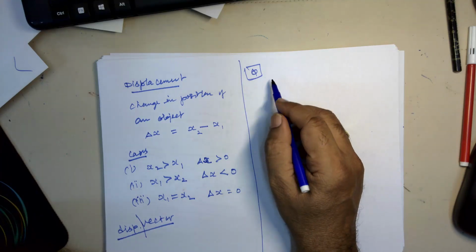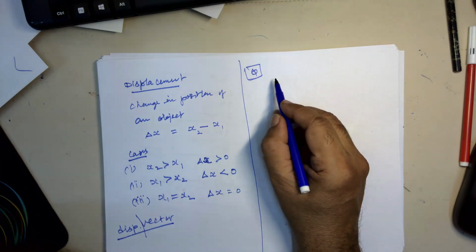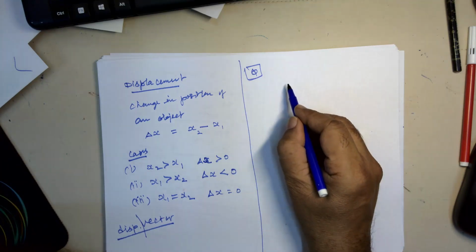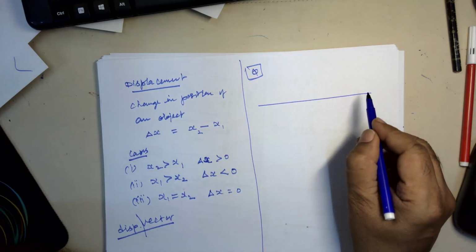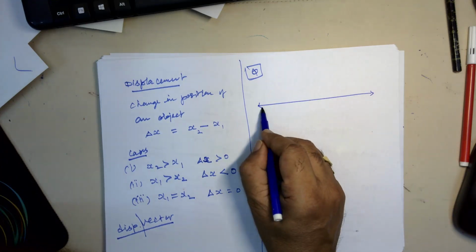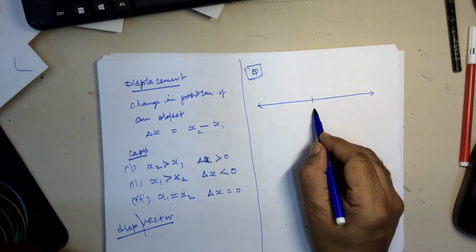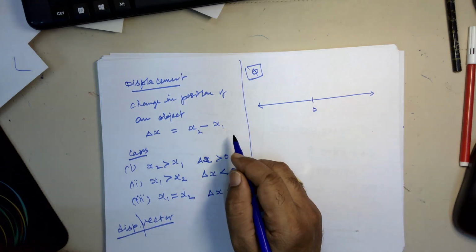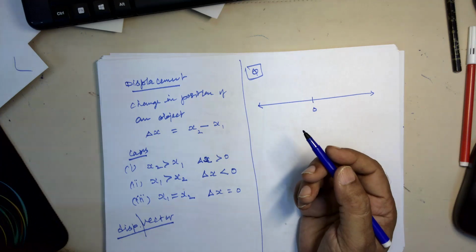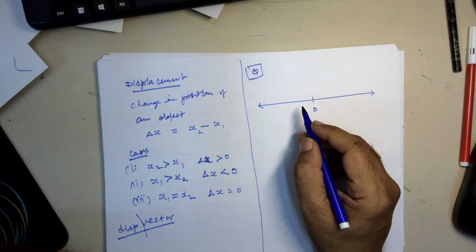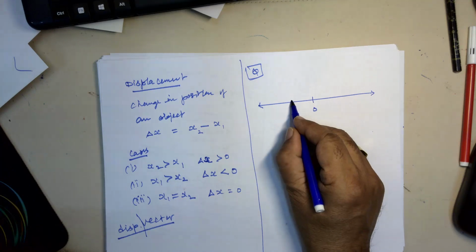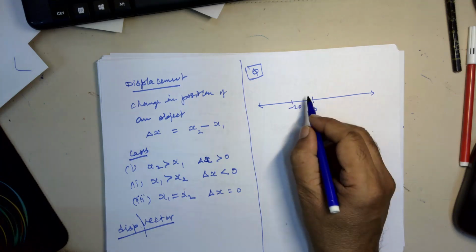A boy starts from minus 20 meter. Let me draw an x-axis. Let us consider O is the origin. And a boy starts moving from minus 20 meter. Let me consider this as minus 20 meter.